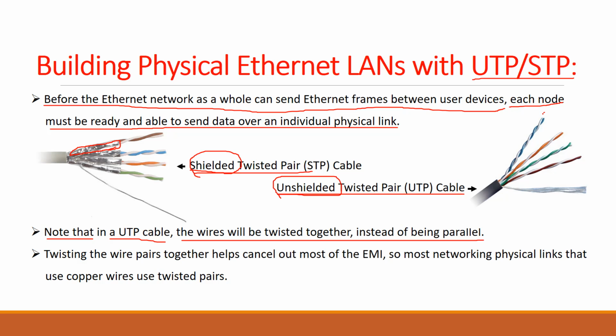As you can see here, each pair has two wires twisted, not in parallel. The reason why is to help cancel out most of the electromagnetic interference. So most networking physical links that use copper wires use twisted pair.